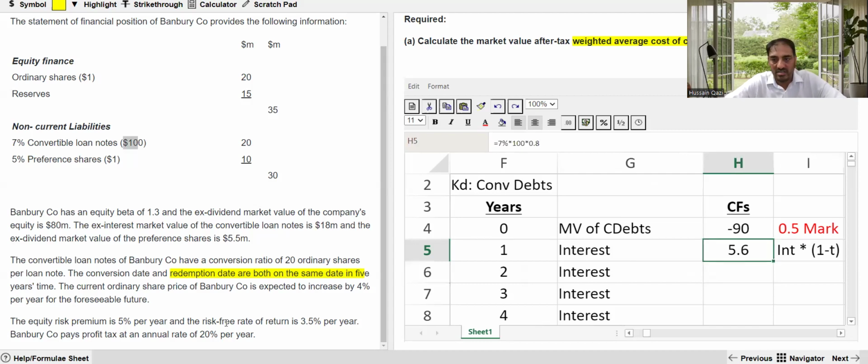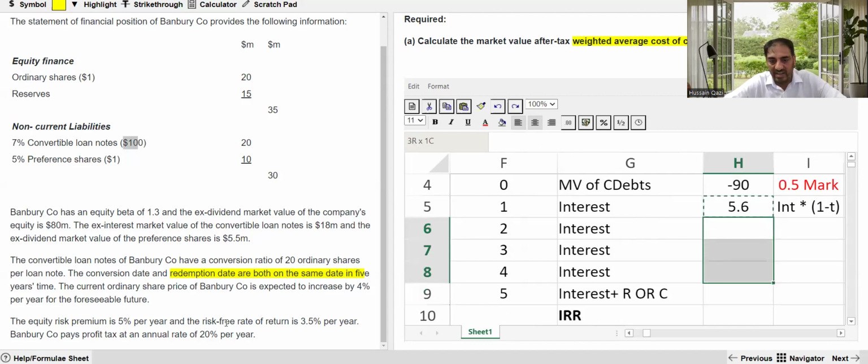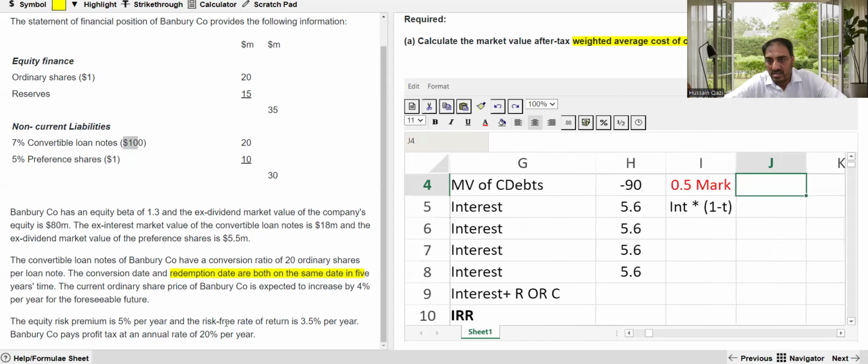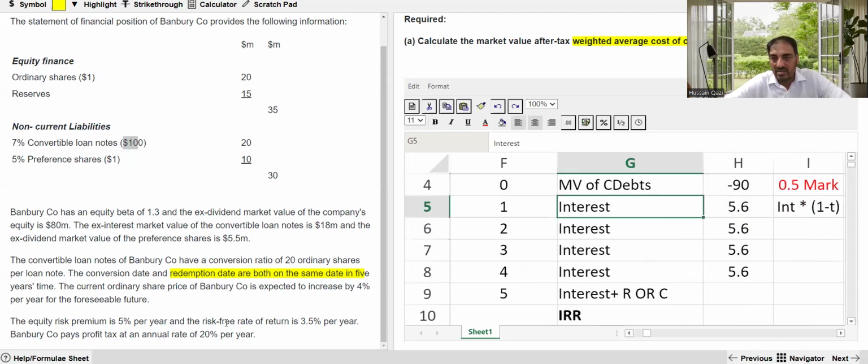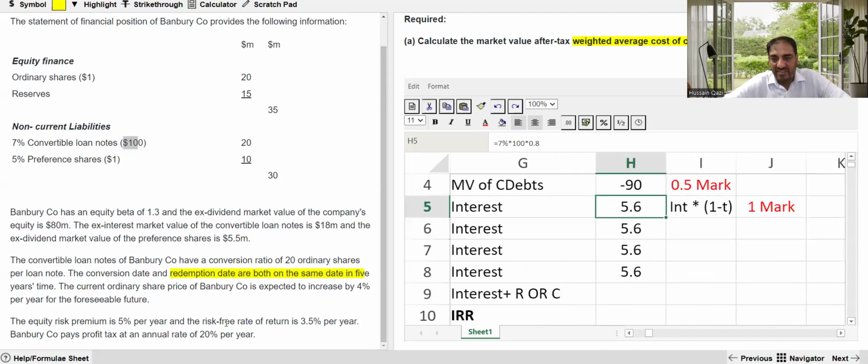That is 5.6, 5.6, 5.6. The examiner mentioned 1 mark out of 6 for this. Okay, 5.6 each year.